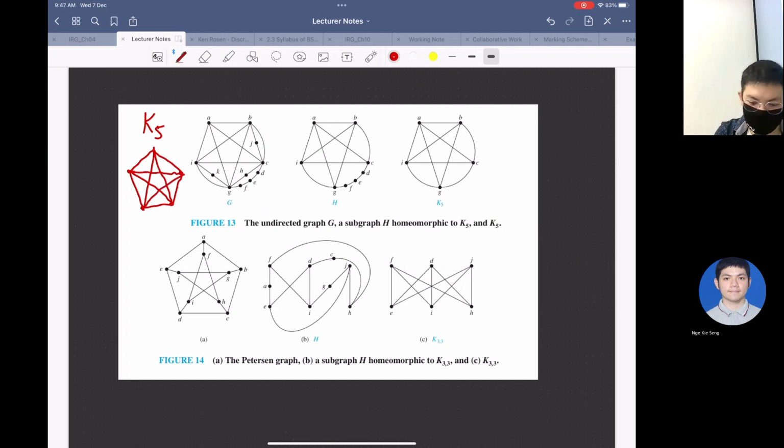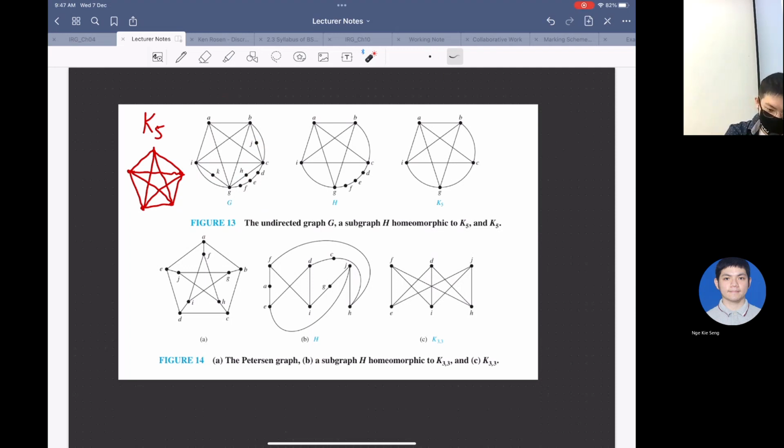You can see that actually this is not quite K5, because there is an extra vertex here. But never mind, we just need a subgraph that is homeomorphic to K5.